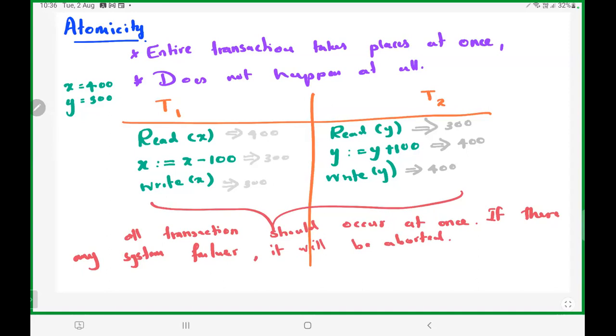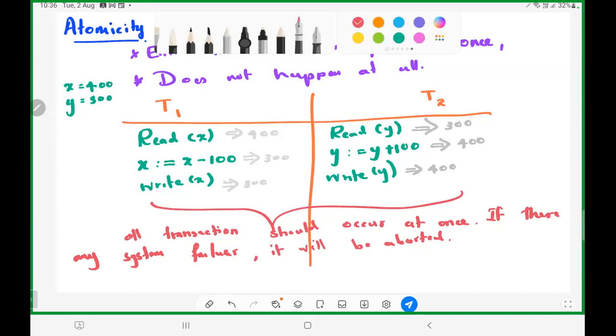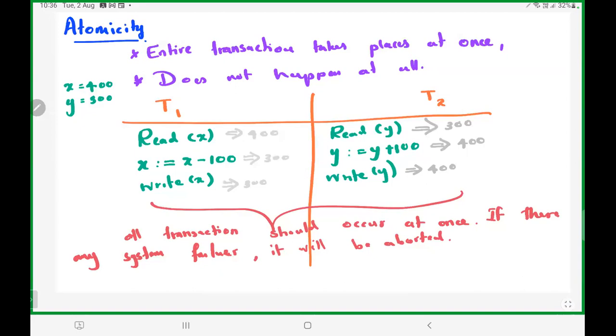Right? Okay. Now just think like this. Something happening here, the power cut or something, right?